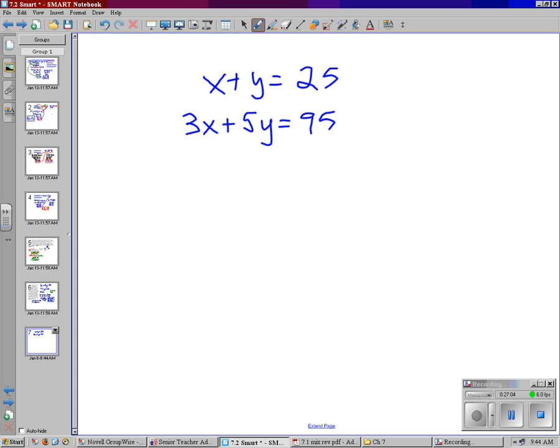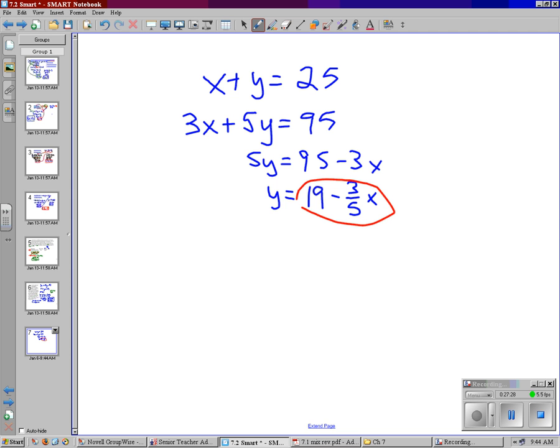Some of you are trying to solve for X or Y in this equation. 5Y equals 95 minus 3X, so Y equals 19 minus 3/5 X. I just introduced my first fraction. That means I have to substitute this in for Y in the other equation, so I get X plus 19 minus 3/5 X equals 25.